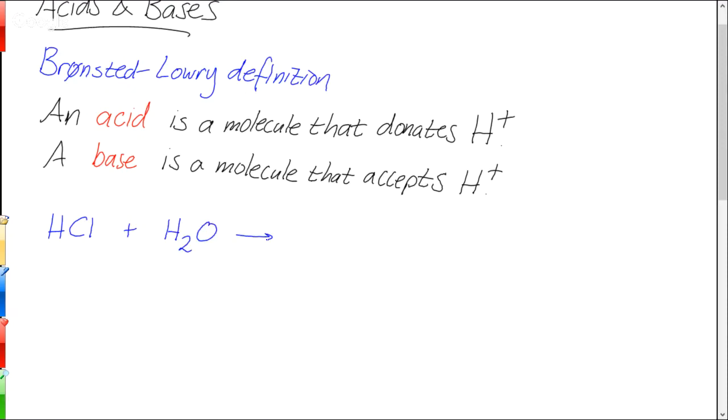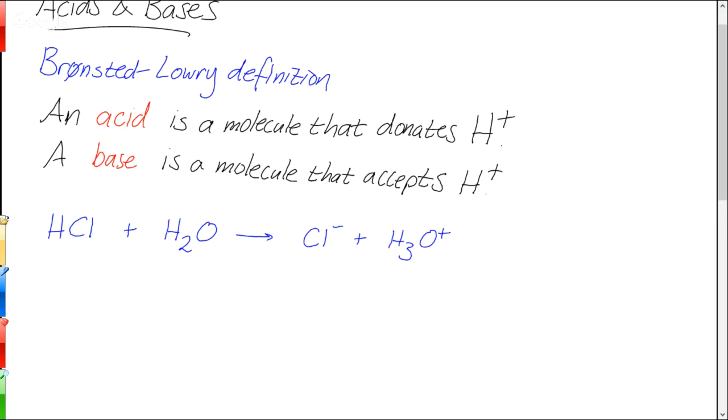So I'm going to write a chemical reaction here. It's a little different from ones we've seen before. It doesn't really fit into one of those categories from the last chapter, or a couple chapters ago.